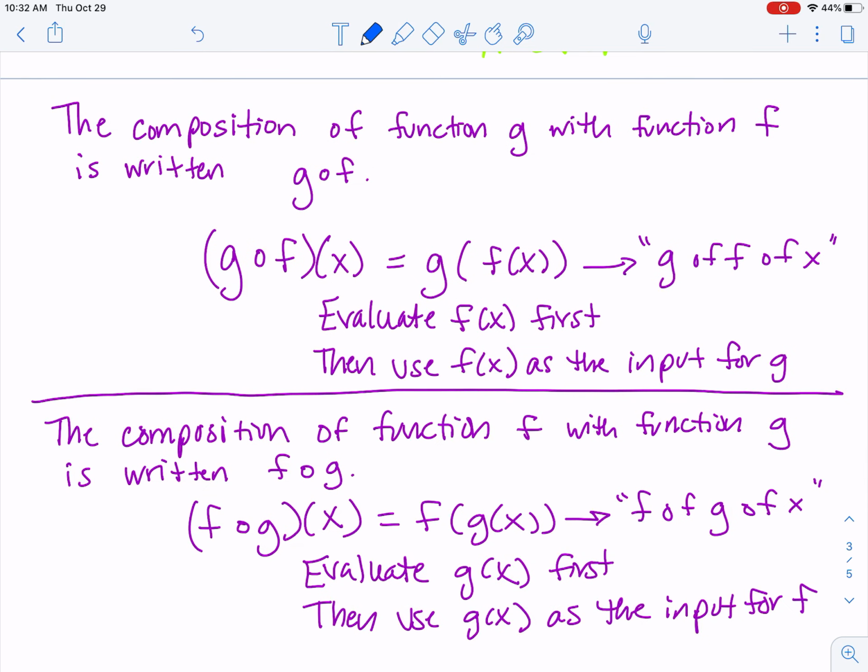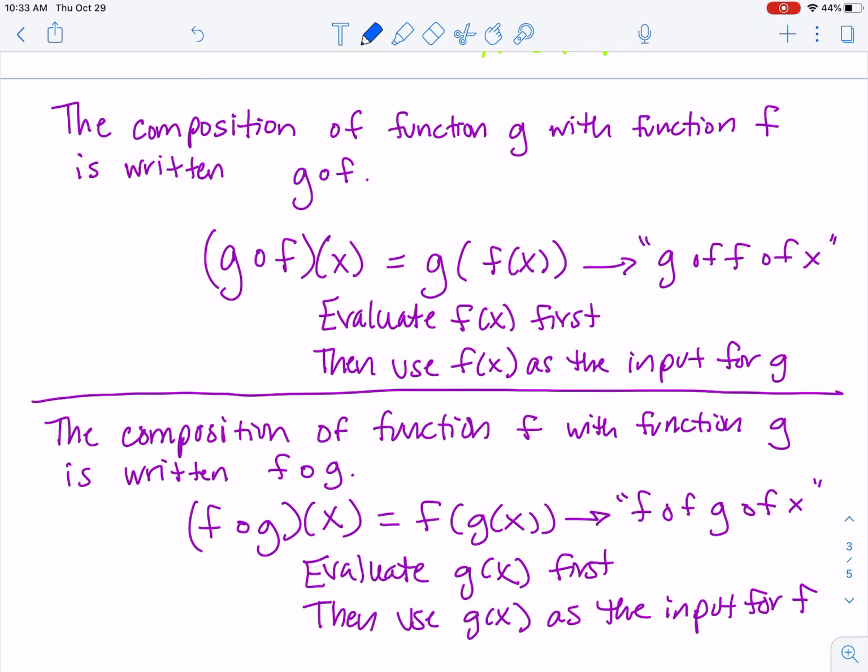So if I say I have a composite of the function g with the function f, it's written g, notice the little open circle, f, that means g composite f. I could also say that's g of f of x. Notice it can be written g parenthesis f of x parenthesis.